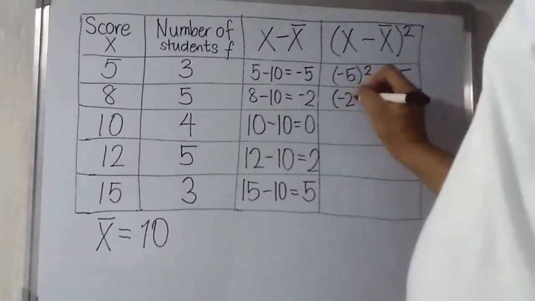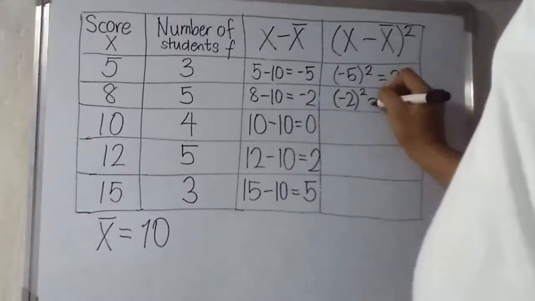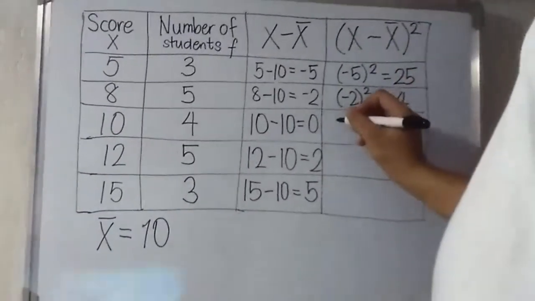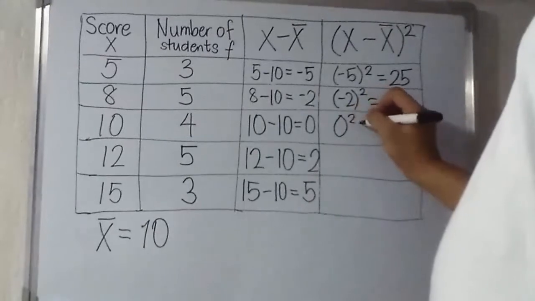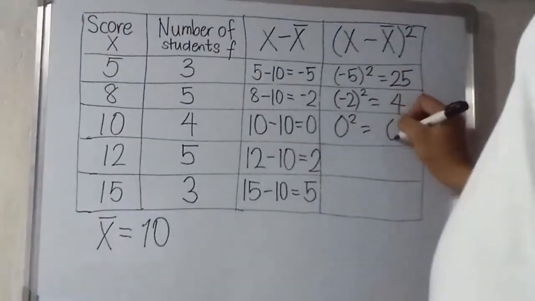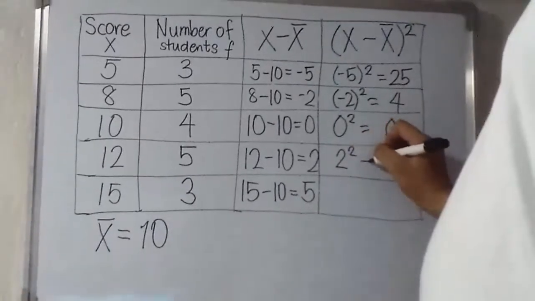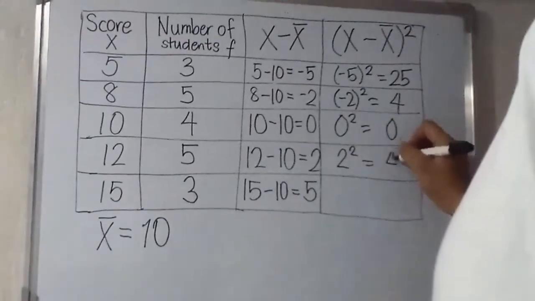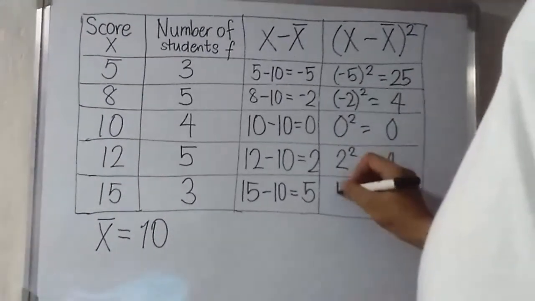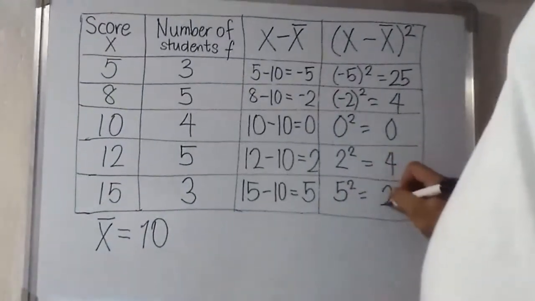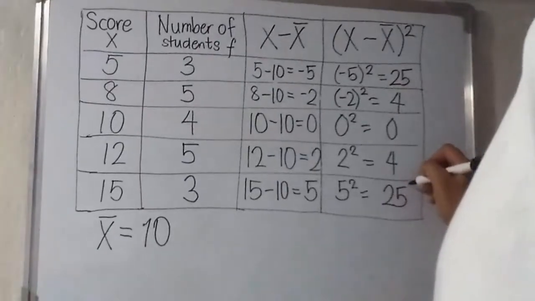Negative 2 squared is 4. 0 squared is 0. 2 squared is 4. 5 squared is 25.